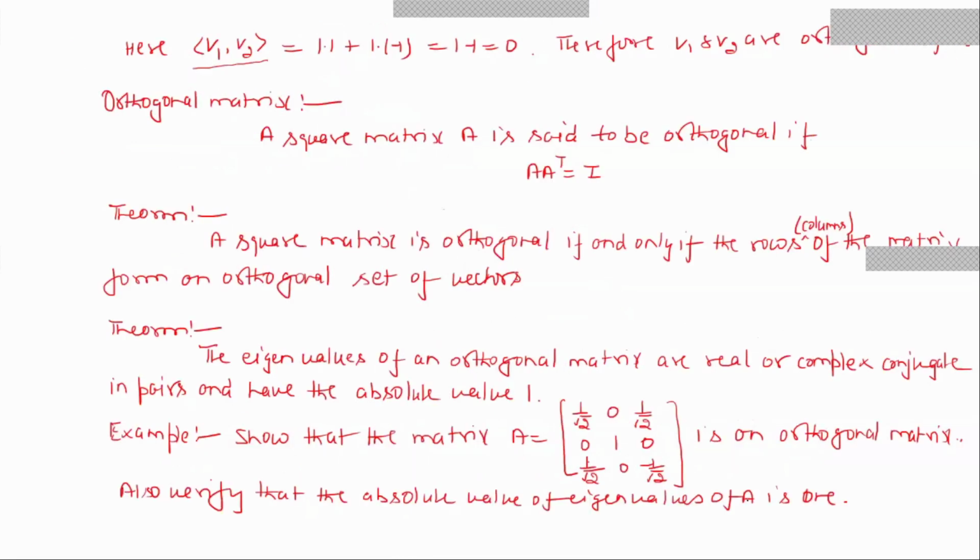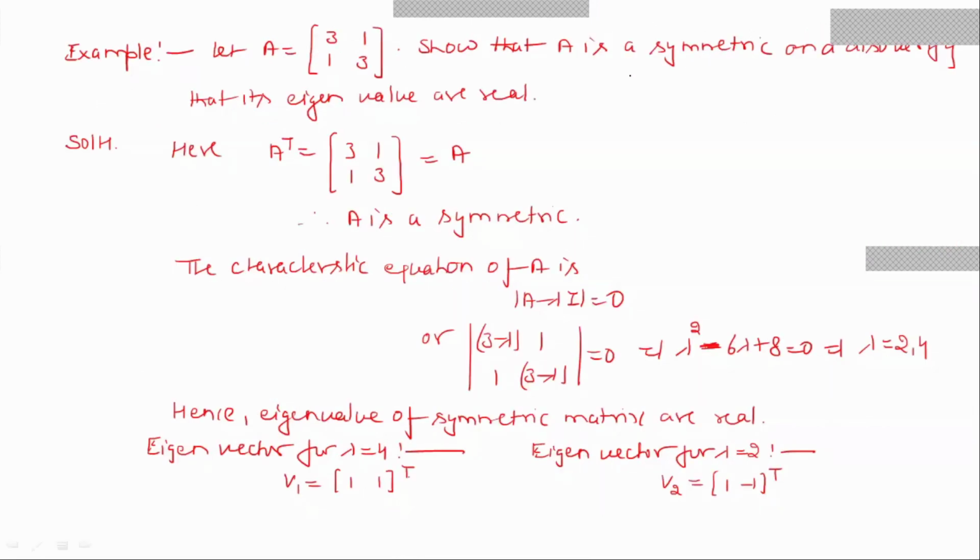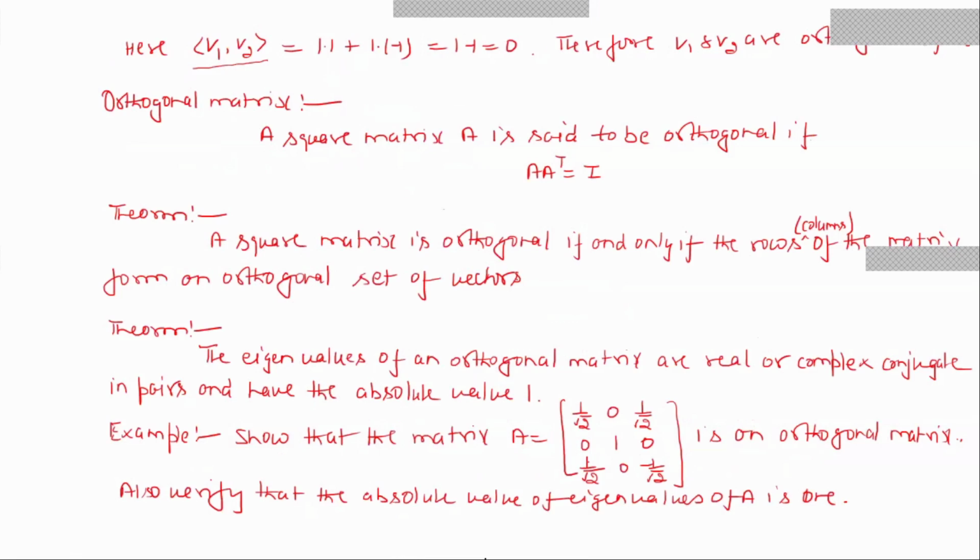So 1 times 1 plus 1 times minus 1 is equal to 0. Therefore, b1 and b2 are orthogonal to each other. So the eigenvectors of this symmetric matrix are orthogonal.